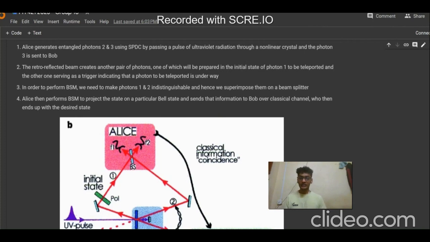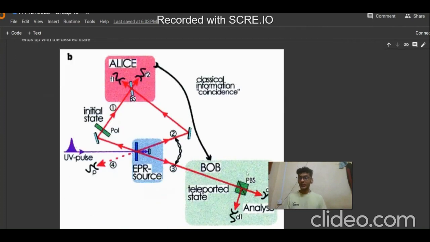Photon 3 is then sent to Bob, and photon 2 to Alice. And when the retroreflected ray travels through the nonlinear crystal again, it creates another pair of photons, 1 and 4. Photon 1 is used by Alice to prepare her initial state, which she wants to send to Bob.